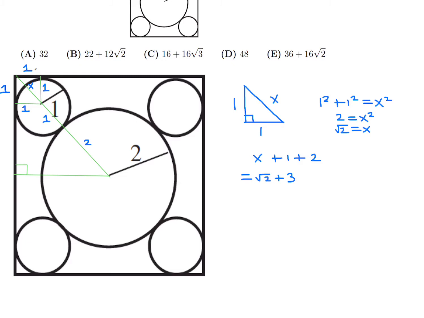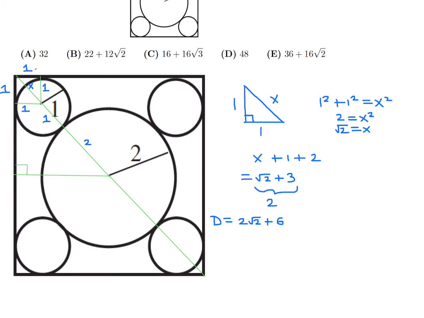But I'm actually more interested in the full diagonal. So I want to go all the way to the edge like that. Well, that full diagonal will just be double that, right? Because this is half the diagonal. So the full diagonal will be 2 root 2 plus 6. So I'll just write D for diagonal. So that's a very important finding in this question.